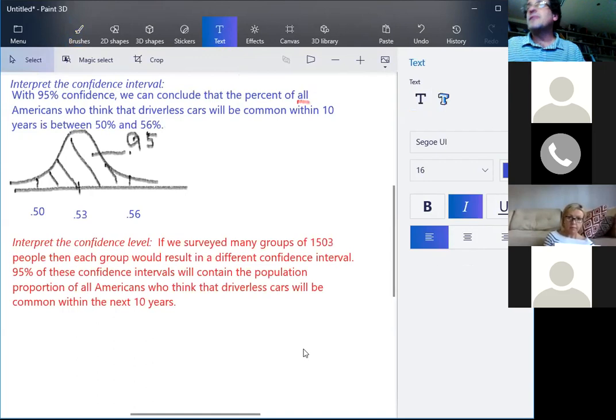So the blue is the answer to interpret the confidence interval. Also, what's the conclusion? That's another way of saying the same thing. In red is interpret the confidence level, or what does it mean to be 95% confident? That's another thing that it interprets. Any questions at all on this idea of a confidence interval?